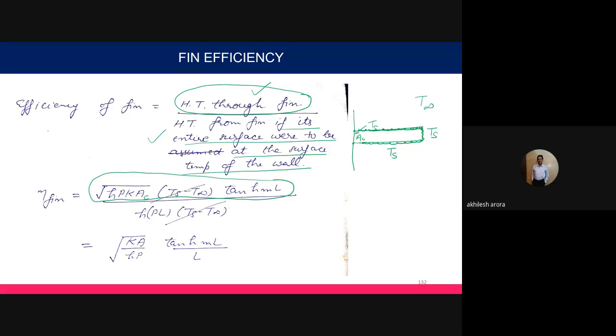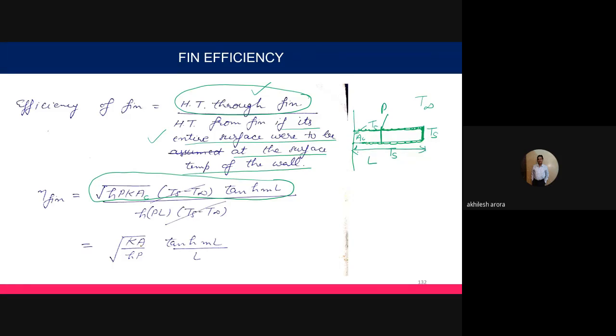Now if you calculate this value, because we are considering the second case, there is no heat loss from the end, and this is the perimeter multiplied by the length of the fin.